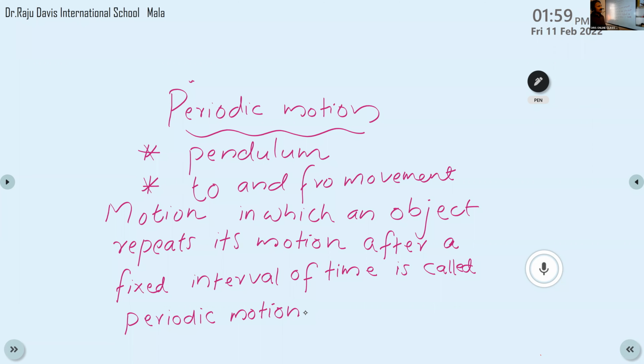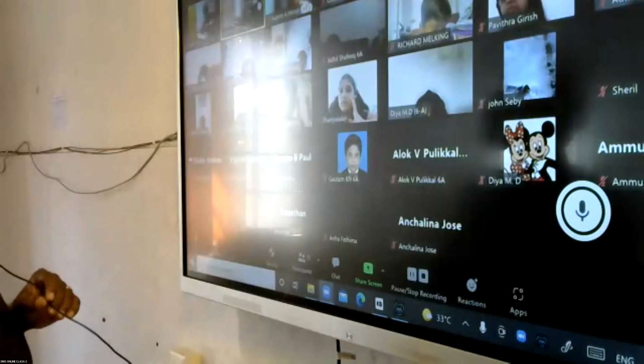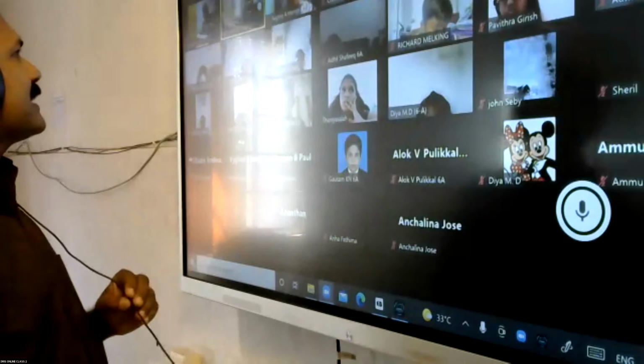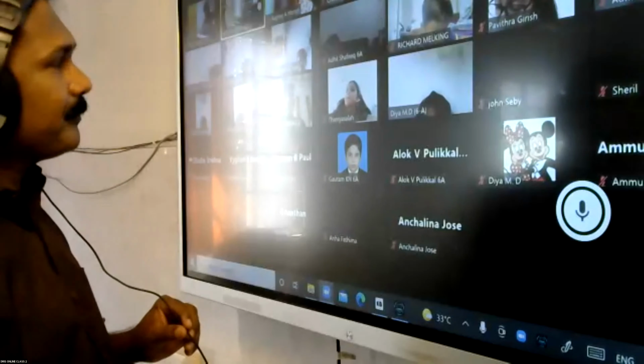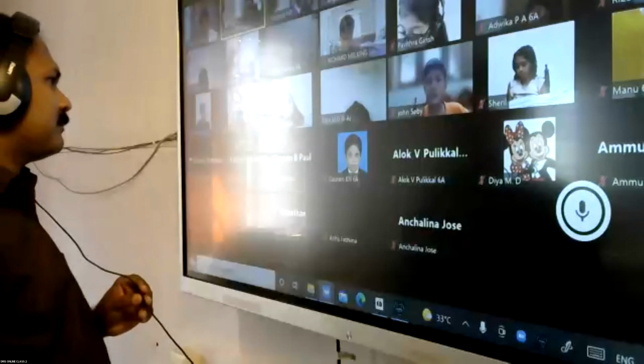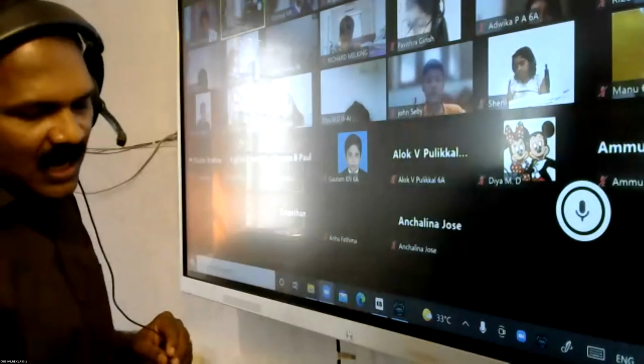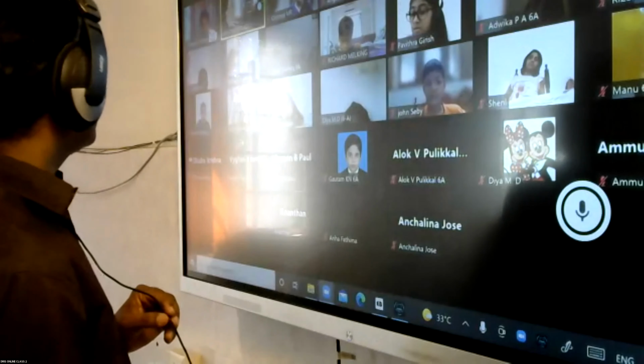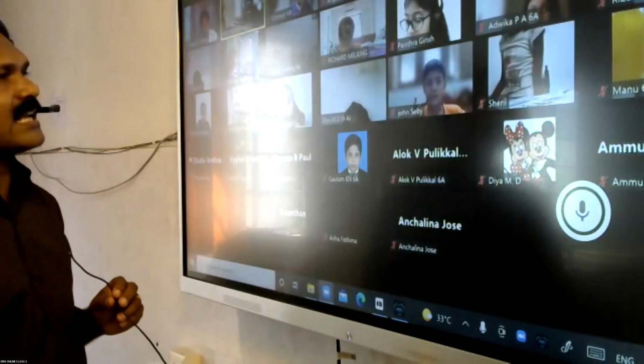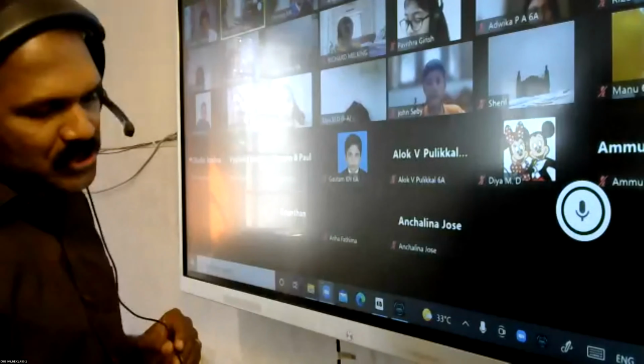So we can see many examples. A clock is repeating. Chinmay, can you give an example of periodic motion? Pendulum. Yes, very good. The oscillations of a pendulum, then the motion of a swing, is an example of periodic motion.